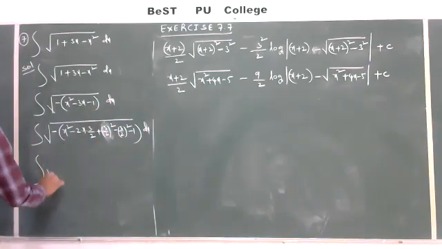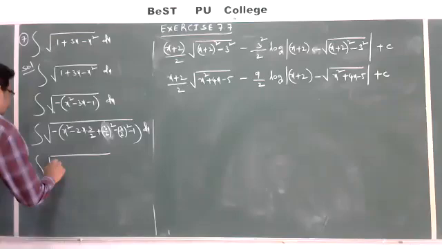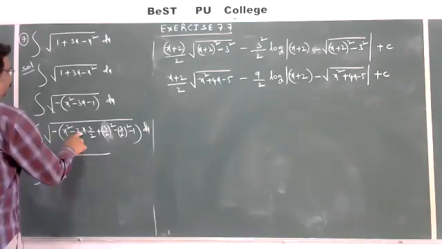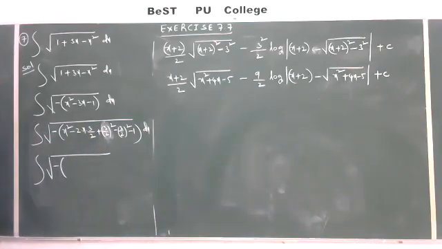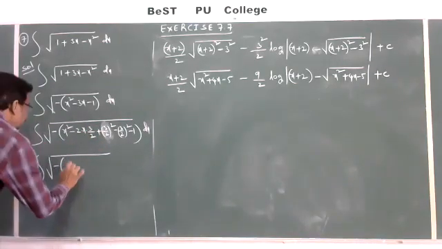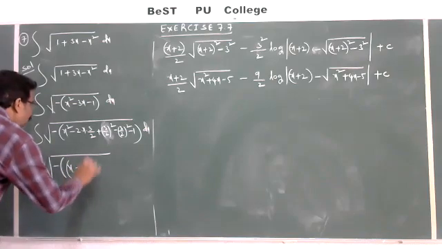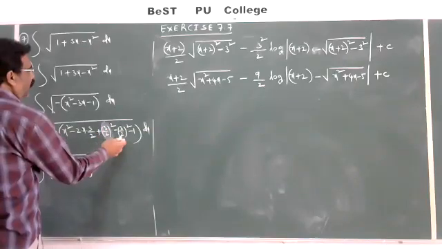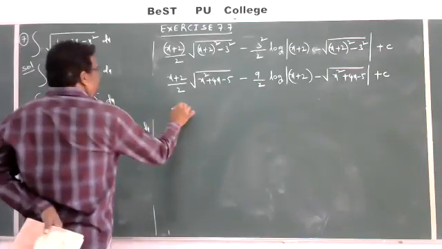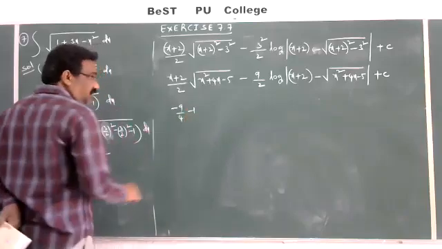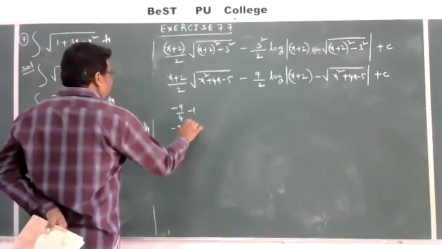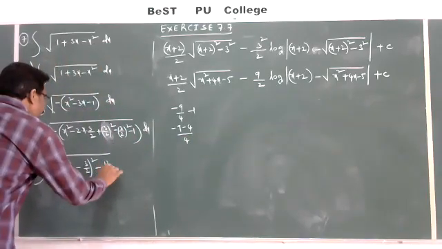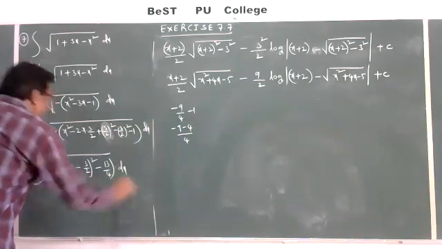That is integral root of minus of x square minus 2ab plus b square, that is a minus b whole square, that is x minus 3 by 2 whole square. Here minus 9 by 4 minus 1, that is minus 9 minus 4 by 4, minus 13 by 4 into dx.